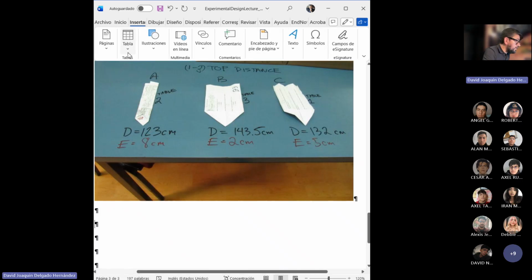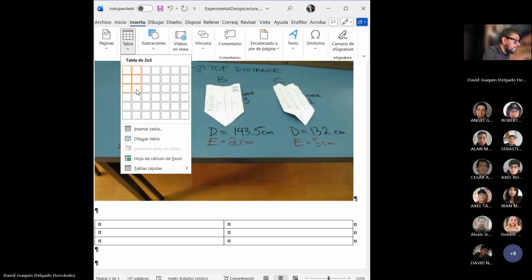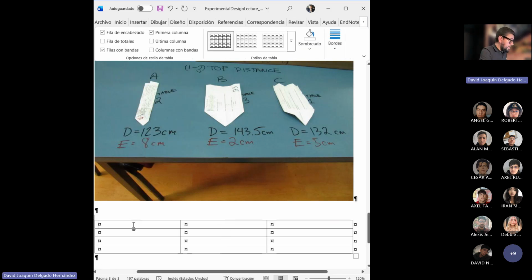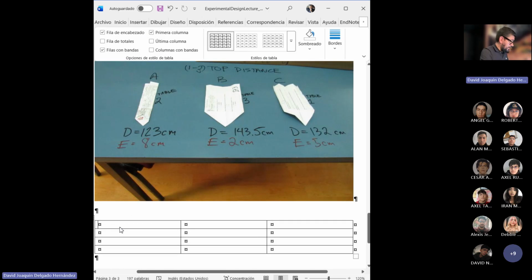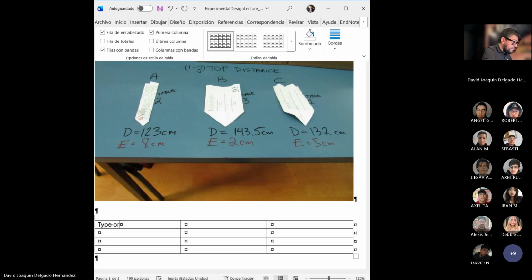I'm going to put the table here. So let's see the type of experiment.